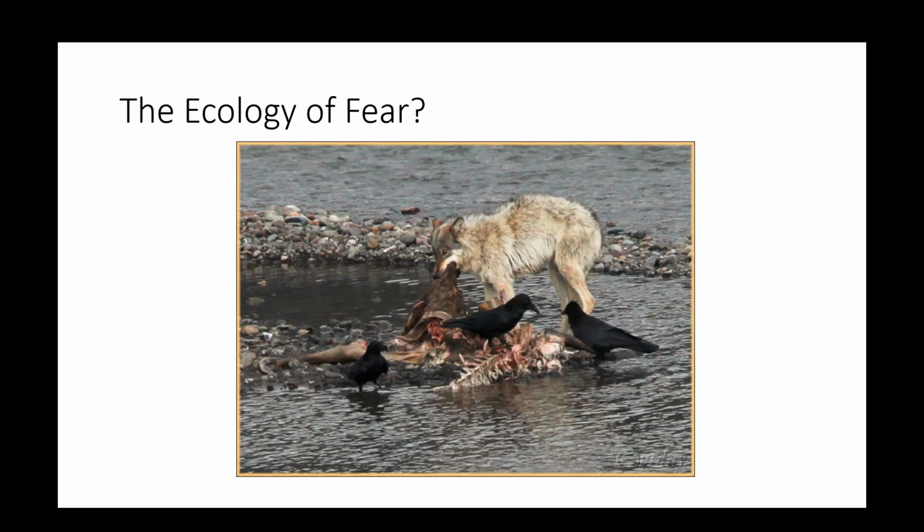This wolf effect is called the ecology of fear, and in Yellowstone people have found that wolves kill the majority of their prey in streams and wetlands. Why is that? The wolf is a coursing predator, it chases its prey and runs it down, and that's an elk in that picture.